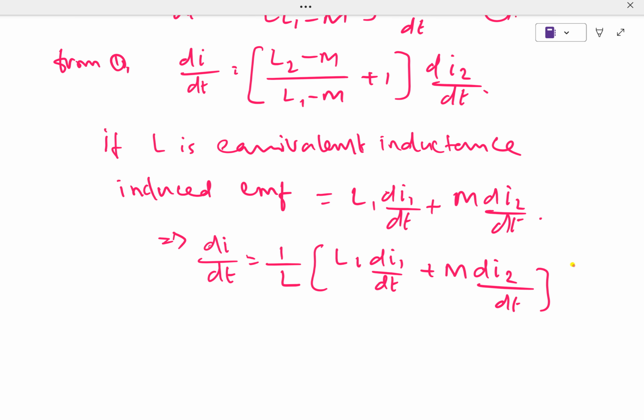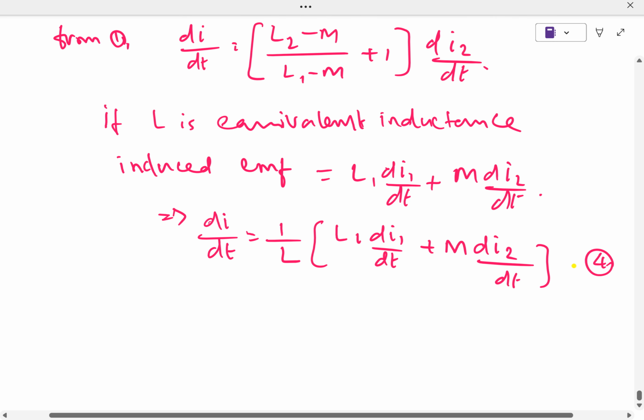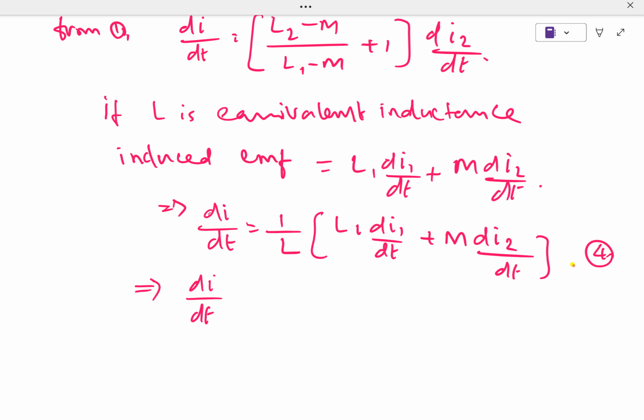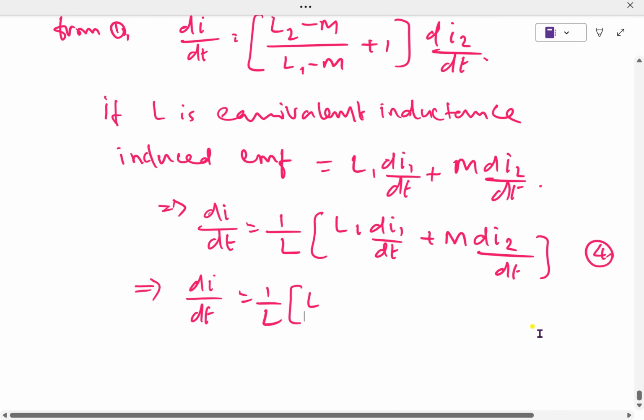Let it be 4. Now substituting the value of di1/dt from 2 and 4, we get di/dt equal to 1 over L times (L1 (L2 minus M) over (L1 minus M) plus M) into di2/dt.